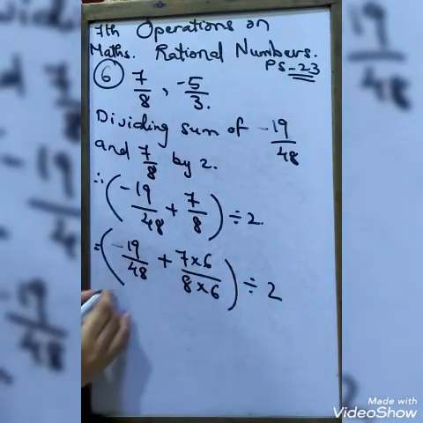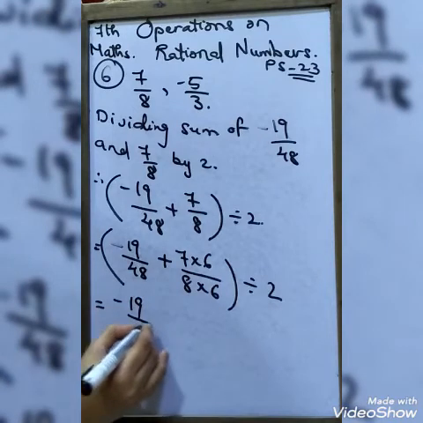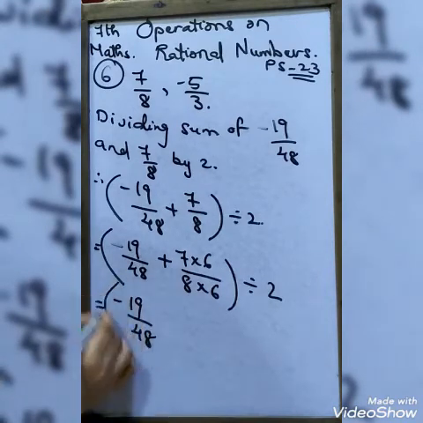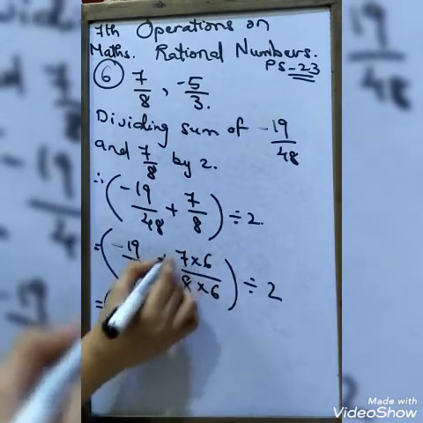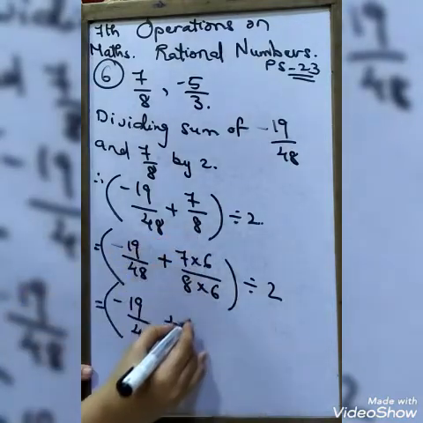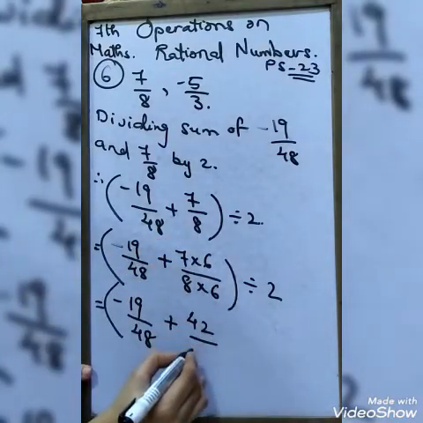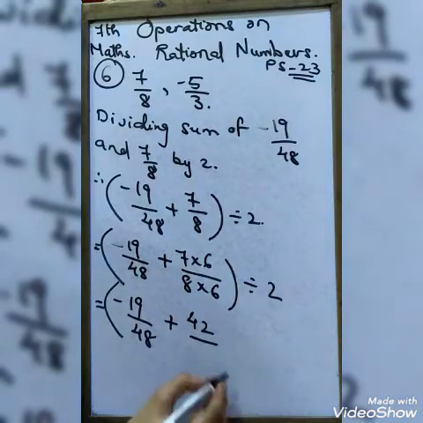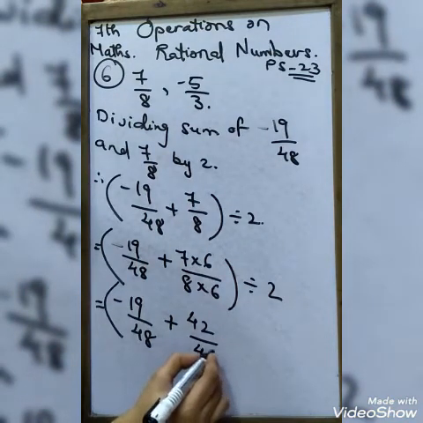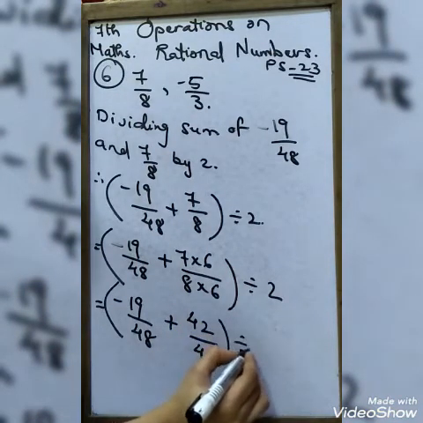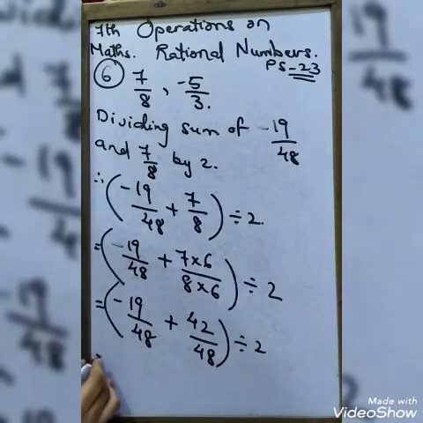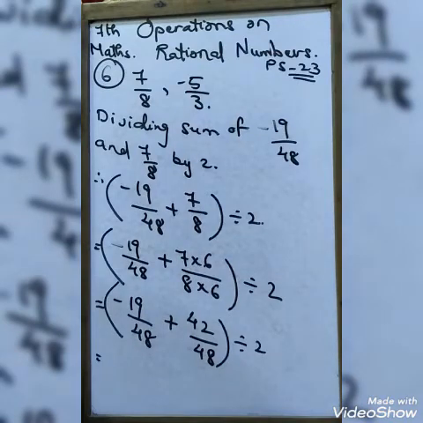So here it will be minus 19 upon 48 plus 6 7s are 42 upon 48, divided by 2. So here now 42 minus 19. 42 minus 19 is 23.